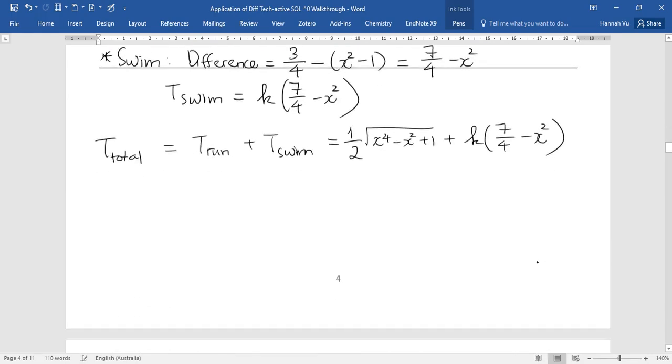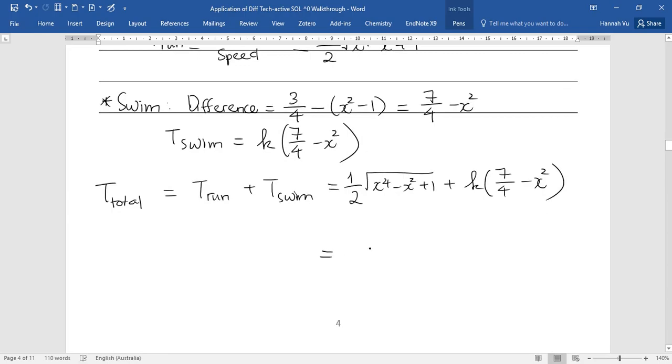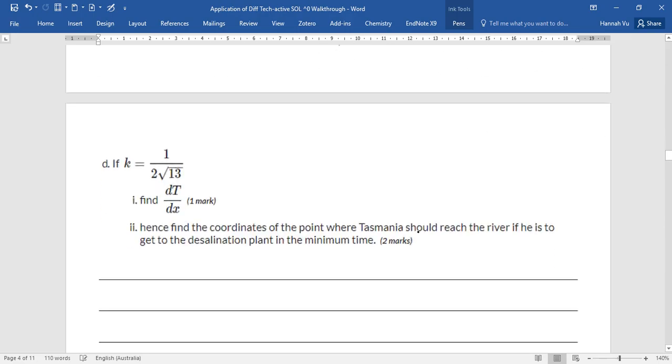If you take the quarter out from the second expression, then you would get a quarter k, and inside is 7 minus 4x squared. Okay, so that shows that it is shown.